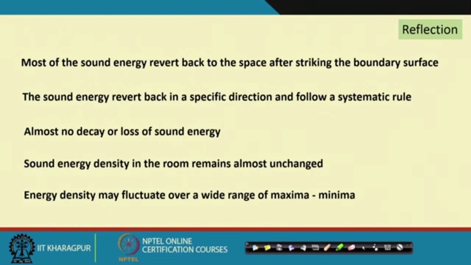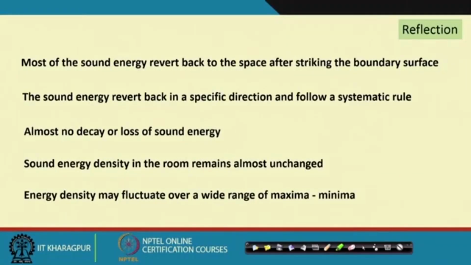Suppose you take a particular corner of a room with a certain sound energy density, another corner may have a different density, and this fluctuation has a wide range between minima and maxima. As you already know, a concave surface will disperse sound, while a convex surface will converge it at a particular point, which is called a hot spot. Those are the typical phenomena for reflection.